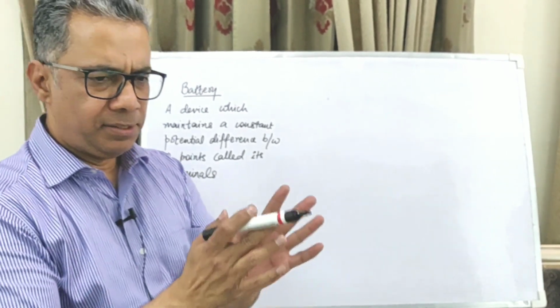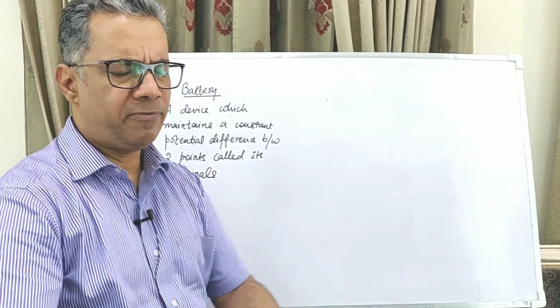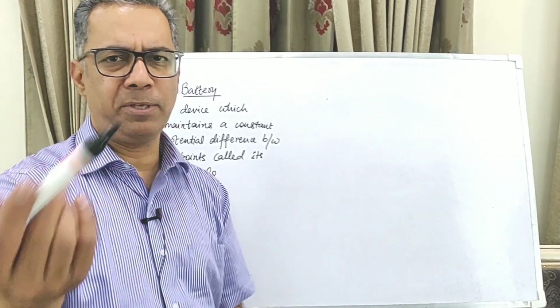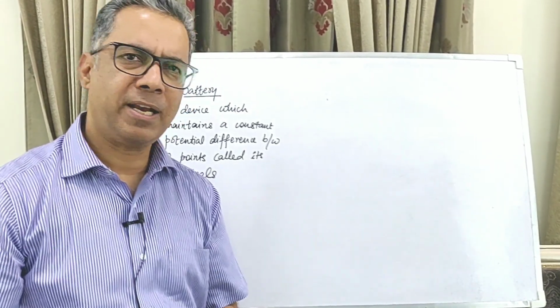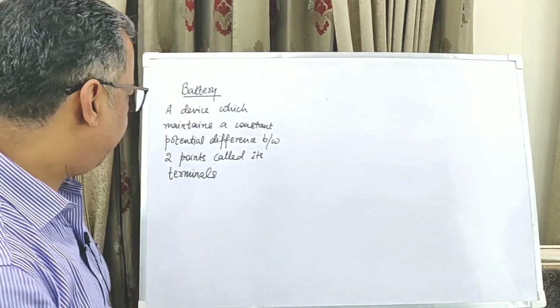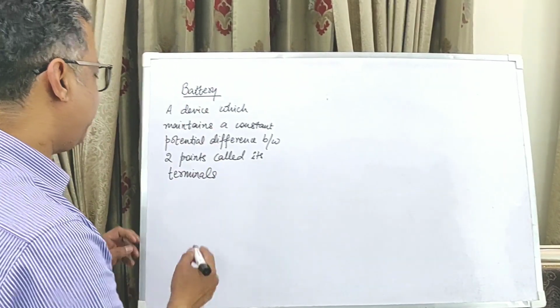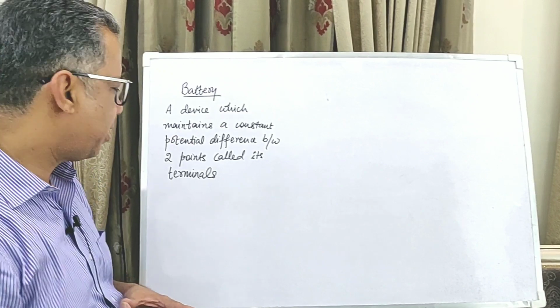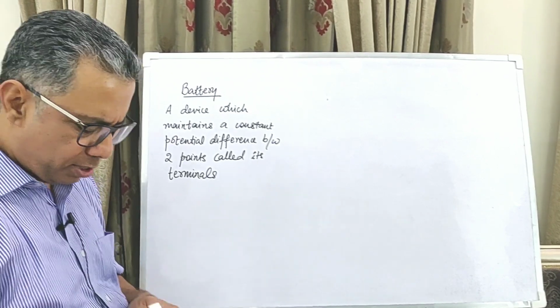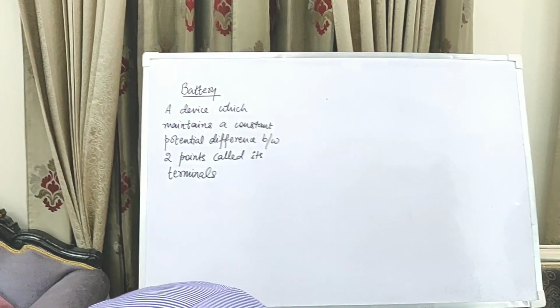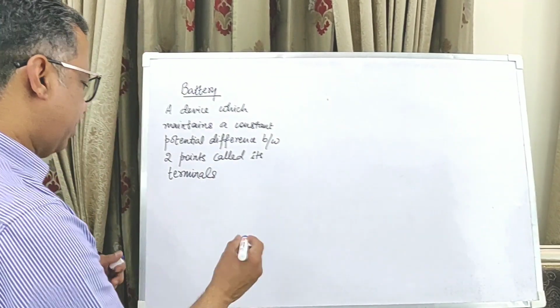Now, a battery is a device which, through whatever means, you probably study that in a chapter on electrochemistry, maintains a constant potential difference between 2 points, which we call its terminals.